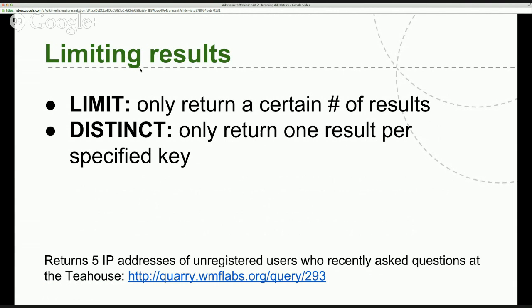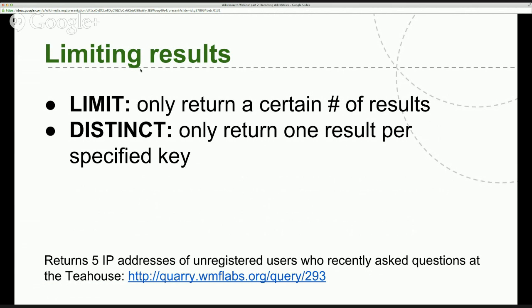Select username from user would return all of the usernames on Wikipedia, which is, I don't know, hundreds of thousands, millions of usernames. Maybe I don't want to get all of those. Maybe I only want a smaller number of usernames. In that case, I would put a limit clause in my MySQL statement and say, at the end of it, limit 10. And that would mean that I would only get 10 usernames as a result.